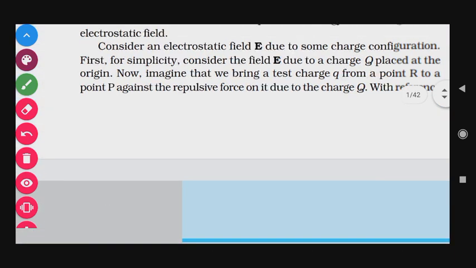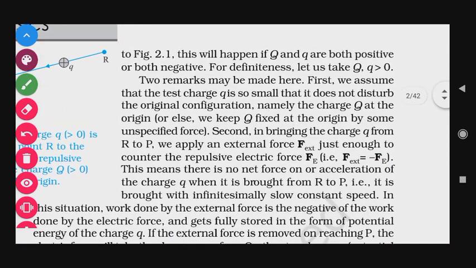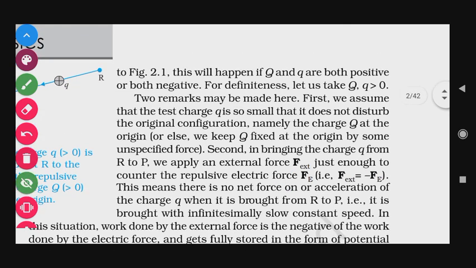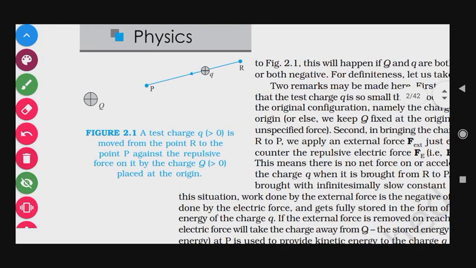So with reference to figure 2.1, this will happen if Q and q are both positive or both negative. This situation will arise if both are of the same type. Otherwise this charge will attract it.